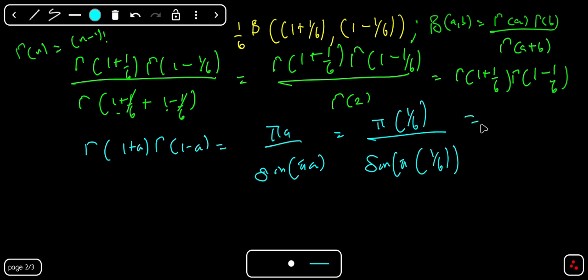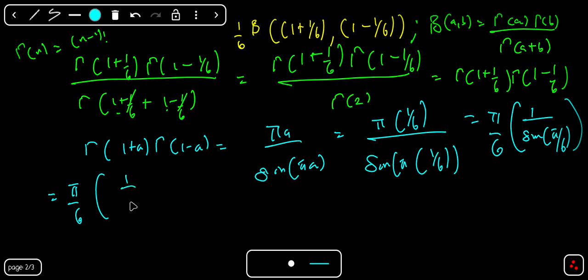So this gives us pi over 6, multiplied by 1 over sine of pi over 6. And sine of pi over 6 should give us half. So we have pi over 6, times 1 over half. Dividing 1 by half gives us 2.